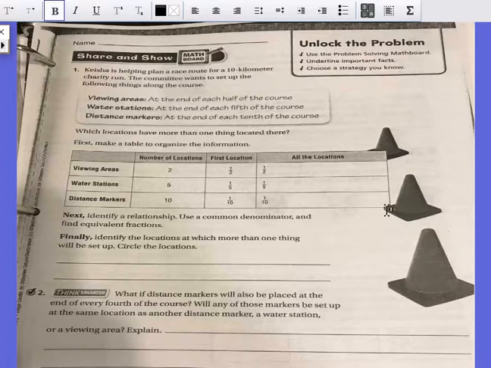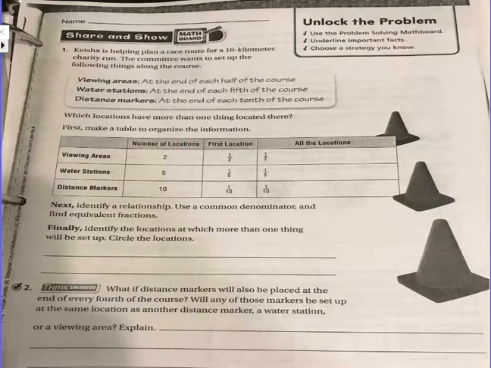They got the number of locations because they put the denominator here: 2, 5, and 10. So we have to find a common denominator and find equivalent fractions. We have 1/2, so one part is filled in, and then I do another half, and the other part is filled in, so then I would have a whole.